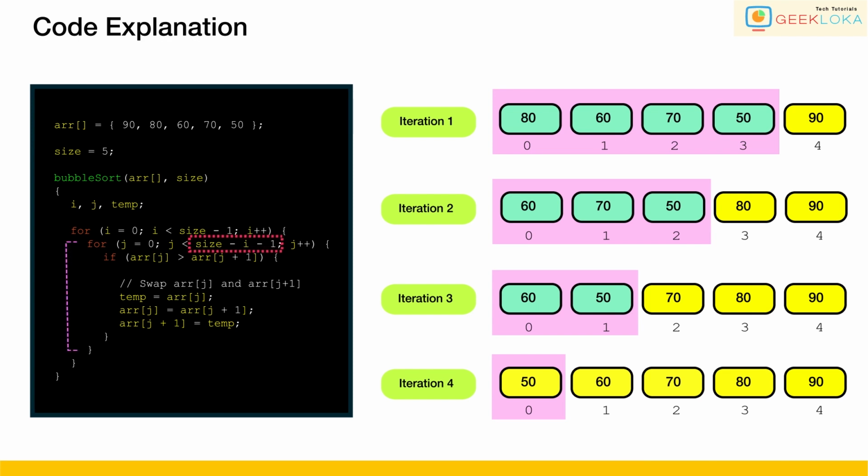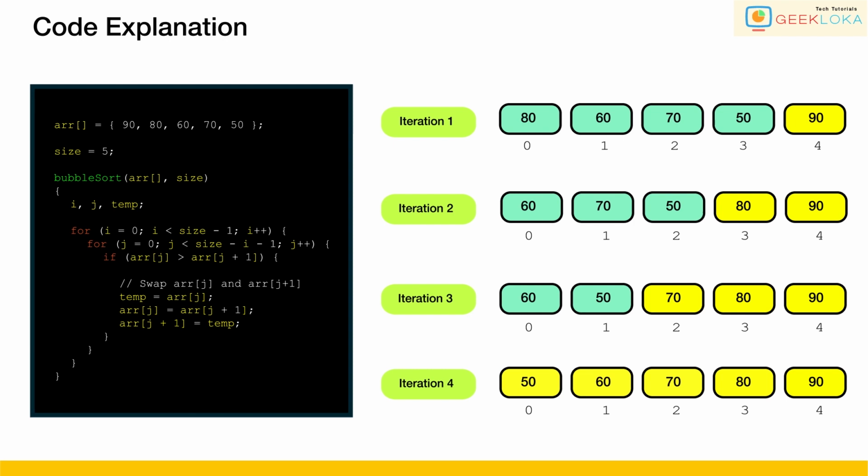After the second, the last two are sorted, and so on. Therefore, size minus i minus 1 ensures the inner loop only goes as far as it needs, avoiding unnecessary comparisons. This tweak, while seemingly small, significantly improves efficiency, especially as the size of the array increases.